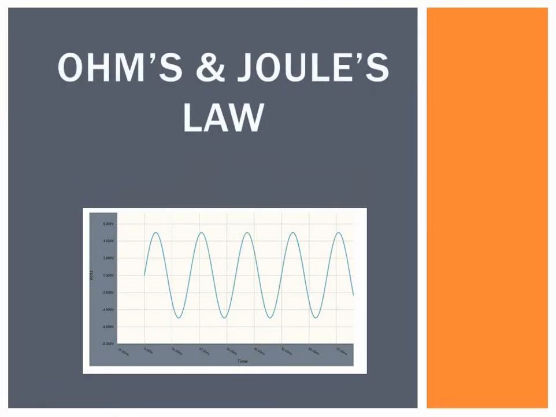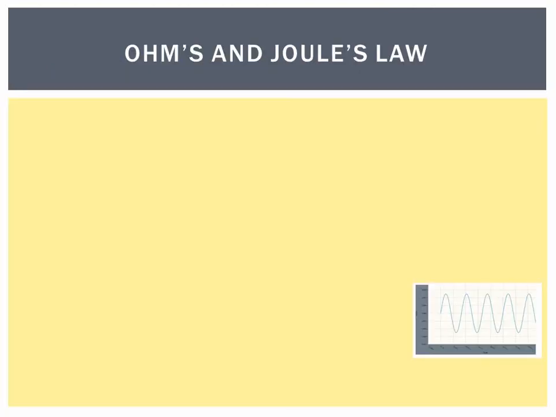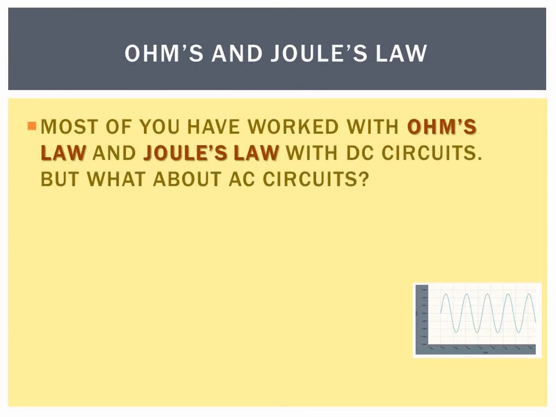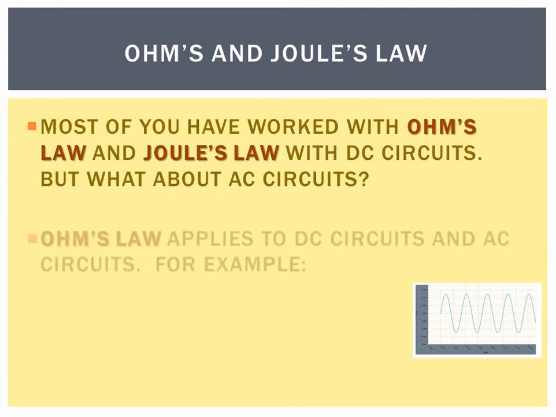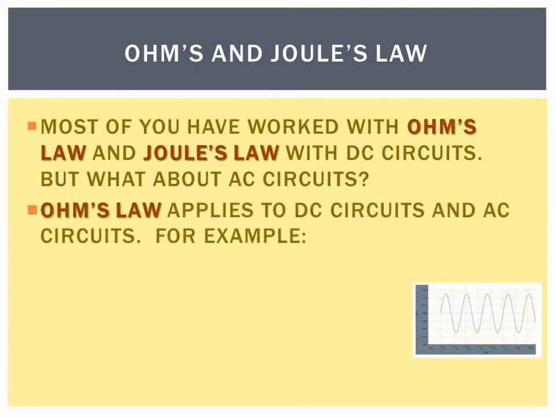So how does this relate to Ohm's law and Joule's law? Well, most of you have worked with Ohm's law and Joule's law with DC circuits, but what about AC circuits? Ohm's law applies for DC circuits and AC circuits. So for example, V is equal to IR. We've done calculations with that for DC circuits.